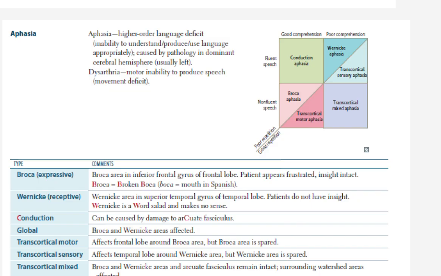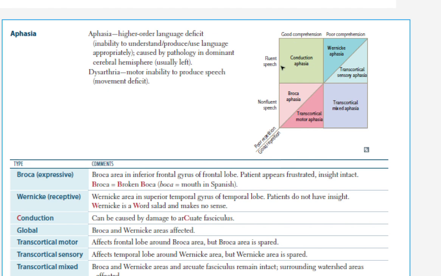If they obey, this means the comprehension part is intact, right? And can they produce long, smooth sentences, or do they struggle to get words out? If they can speak long, smooth sentences, it's fluent. But if they struggle to get words out, then that is non-fluent aphasia, right? These two questions give almost every aphasia the clue you want to hear.